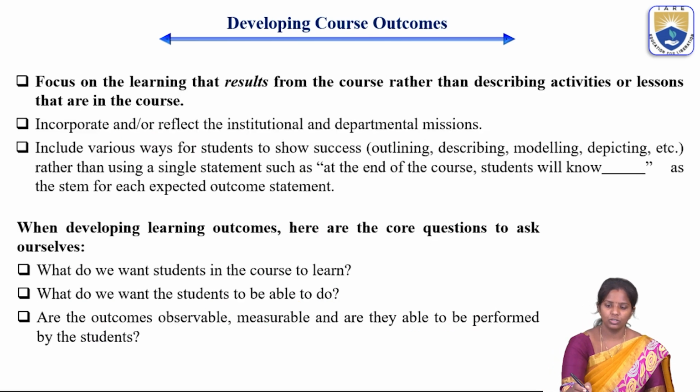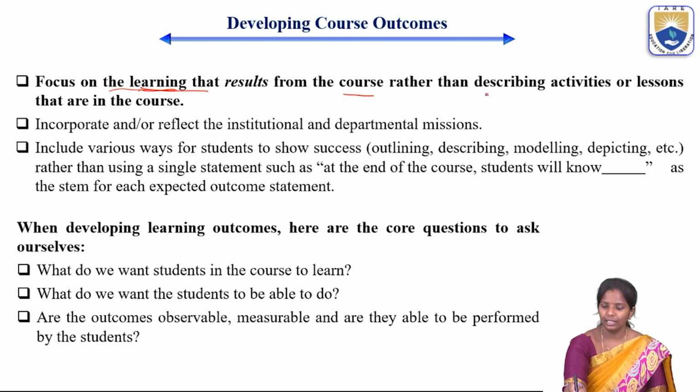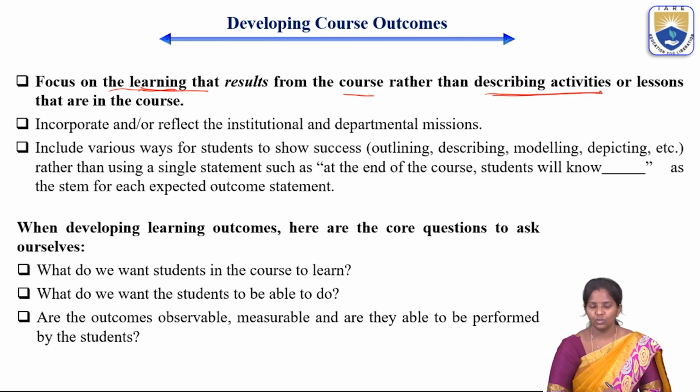So developing of course outcomes. Focus on learning that results from the course rather than describing the activities. So we have to focus on what they are going to learn, whether they are going to understand, analyze, or apply for problem solving, and so on.